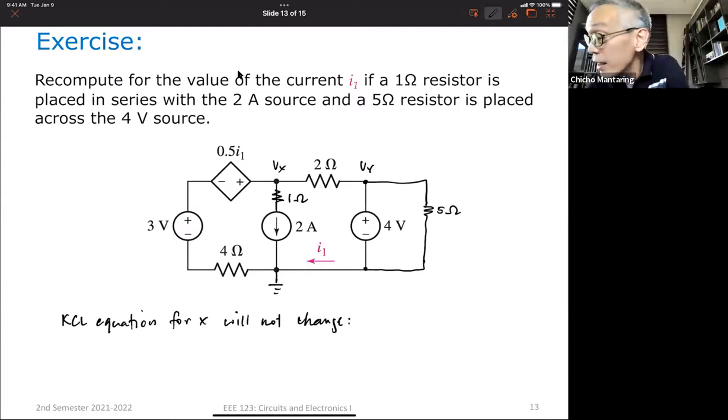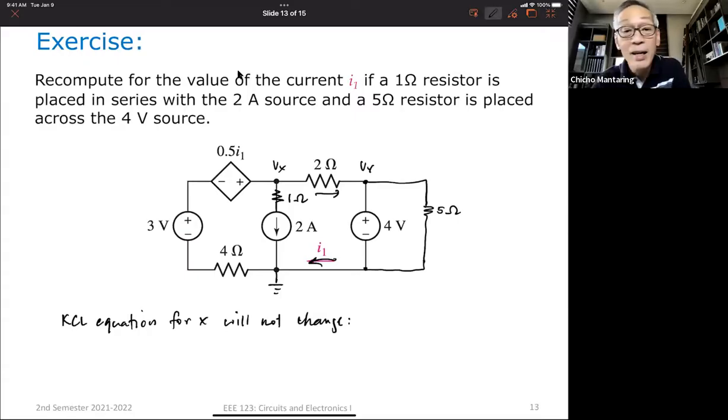Now, the same thing for a voltage source with a resistor across it. No? If I put a resistor across a voltage source, it is not going to change the potential difference between this node and this node. So when you apply your node voltage method, hindi magbabago yung potential difference between this node and this node. And therefore, the currents flowing here and here will not change, and the voltages throughout the rest of the circuit will not change.